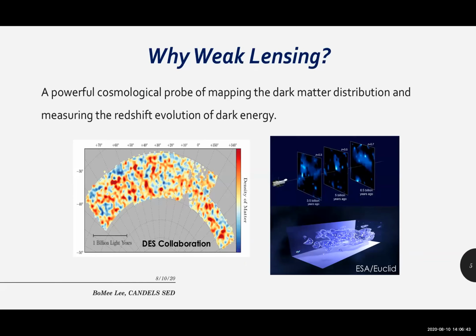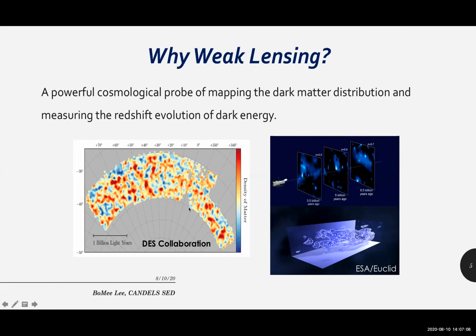By quantifying the amplitude of the weak lensing distortion, which is cosmic shear, we can directly map the distribution of matter. This is the 2-dimensional dark matter map of the Dark Energy Survey collaboration. Different colors represent density of matter. Redder colors represent denser regions, while the bluer colors are less dense regions.